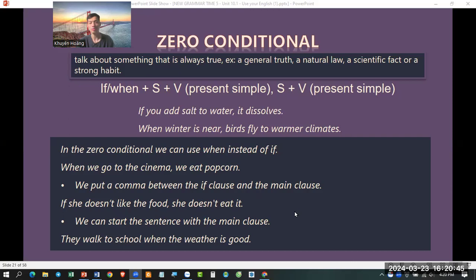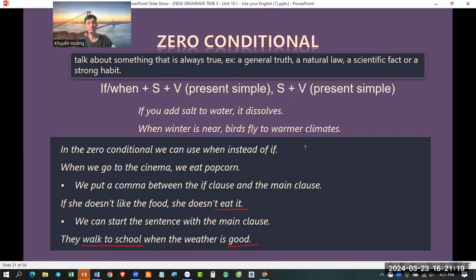Look at here. Now I'm going to highlight some words you need to pronounce again. First, walk to school. Good. And here we have three things to pay attention to. In a zero conditional, we can use when instead of if. What does it mean?